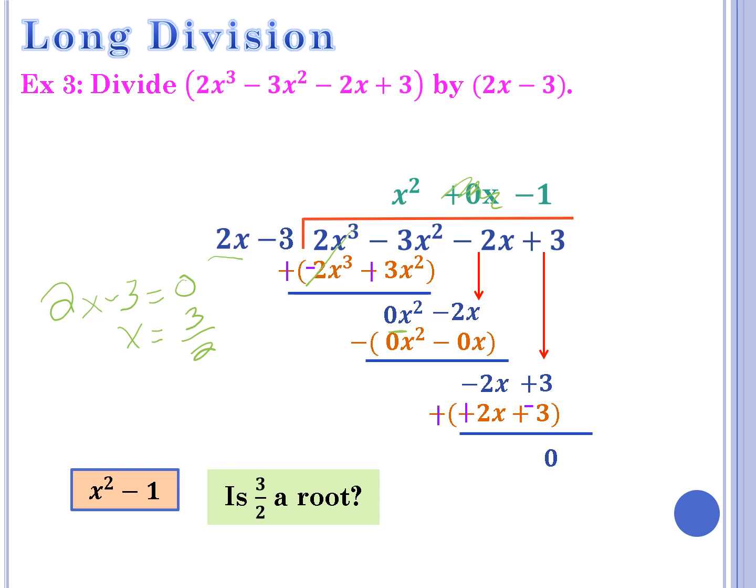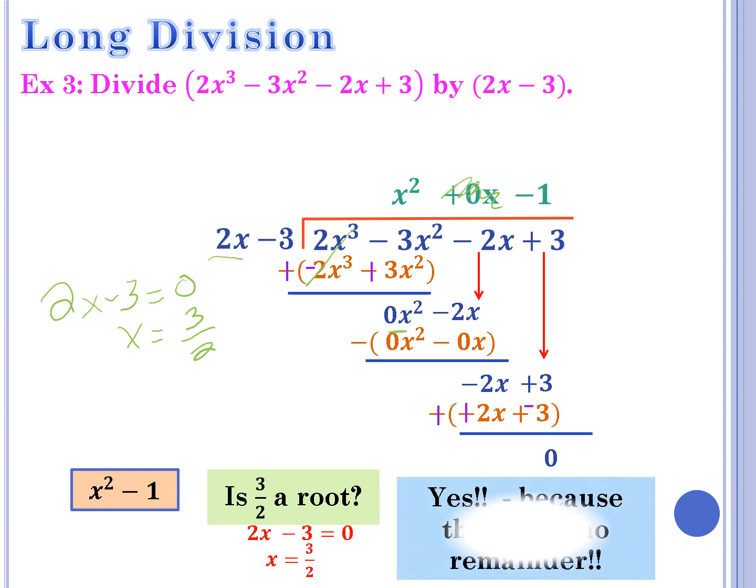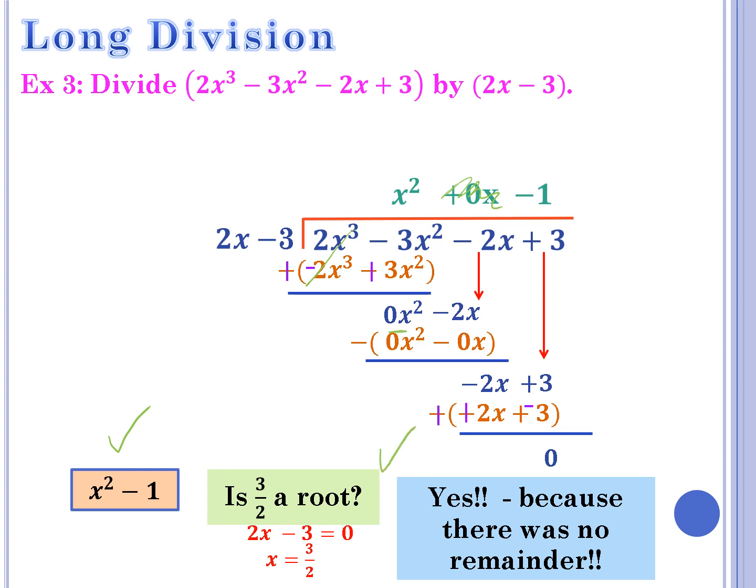So if 2x minus 3 is a possible factor, that makes x equals 3/2 a root. So is it? The answer is yes, because there was no remainder. Remainder of 0. All right, so there's our quotient, and there is our answer to is it a root.